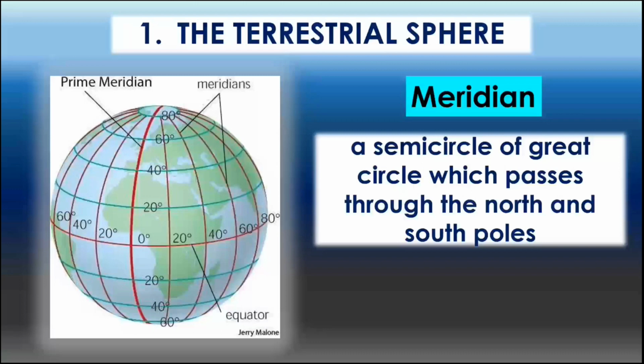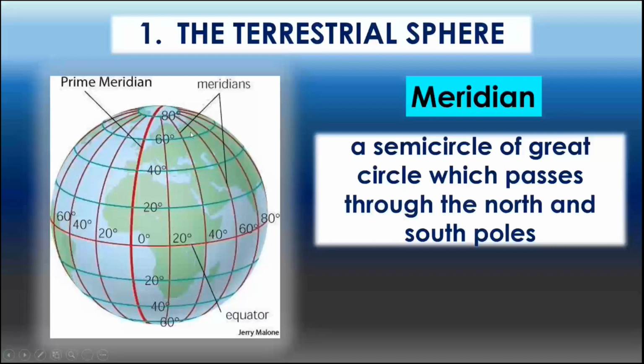If the sphere is cut with a plane that passes through the center of the sphere, the great circle will be formed. And half of the great circle, if we consider the earth, is a semicircle that passes through the north and south poles.